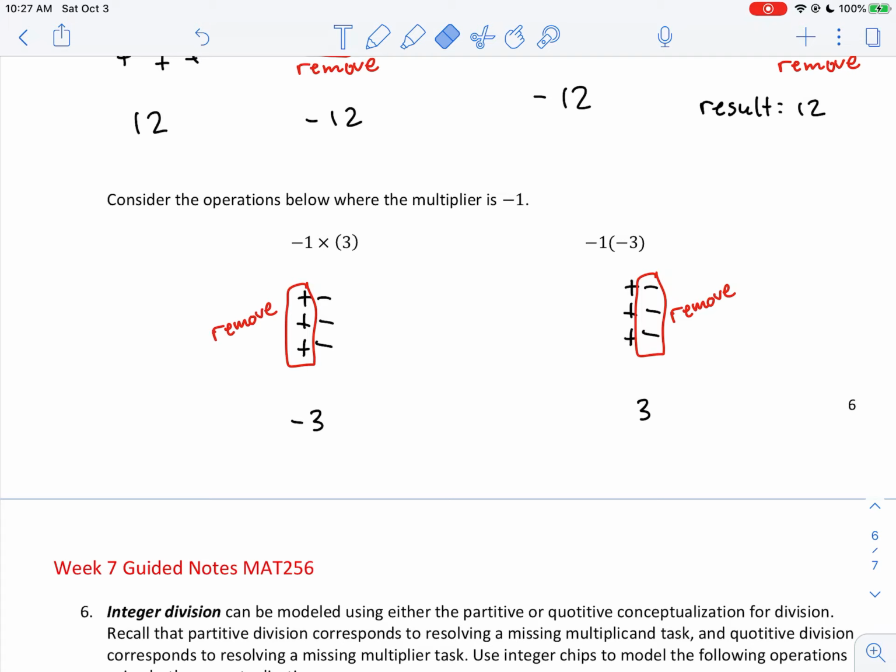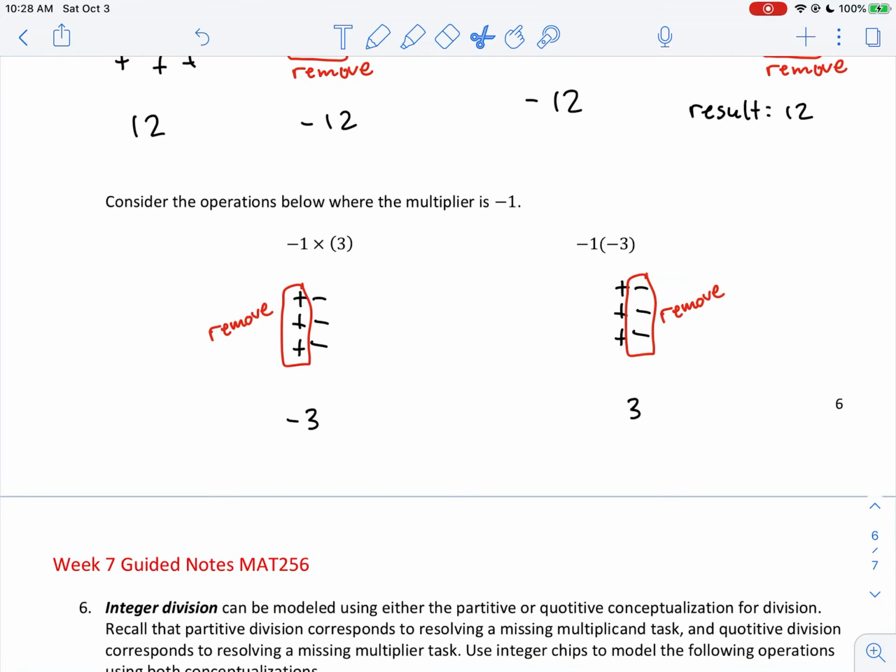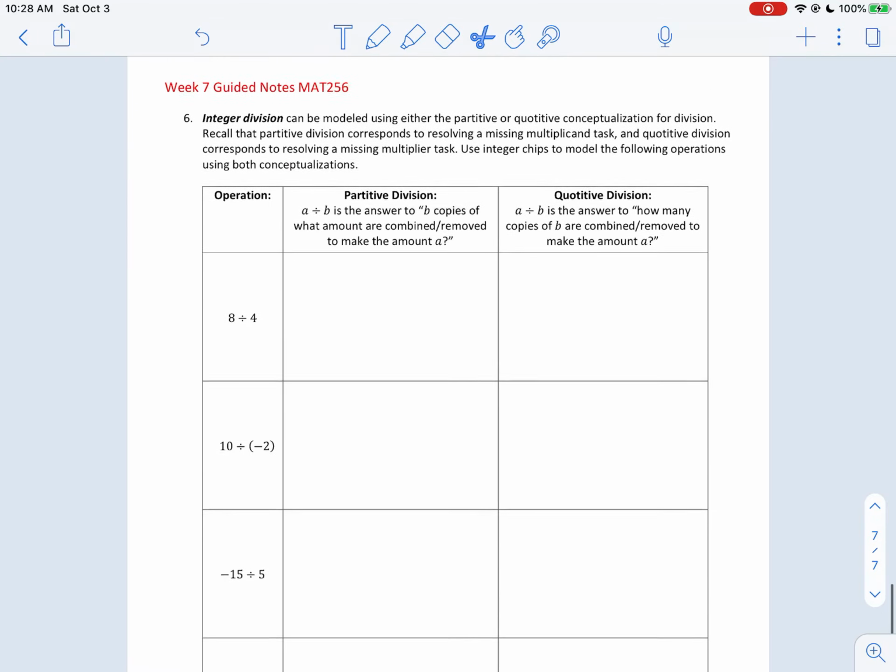This is just to illustrate that even with these meanings, when you multiply a number by negative 1, it converts it to its opposite. Negative 1 times 3 converts 3 to negative 3. Negative 1 times negative 3 converts negative 3 to 3. Multiplication by negative 1 simply turns an integer into its opposite.